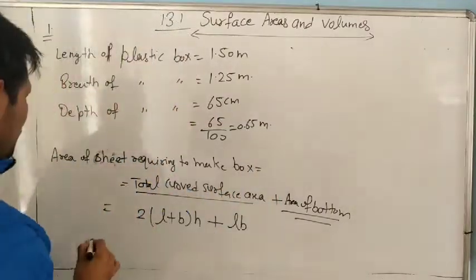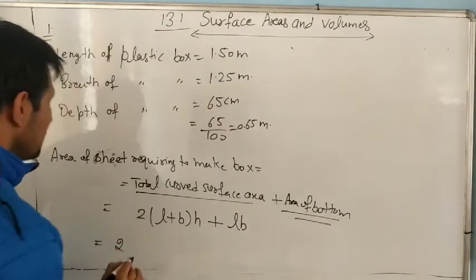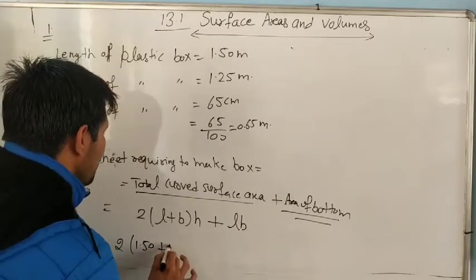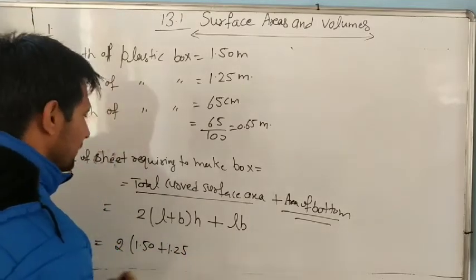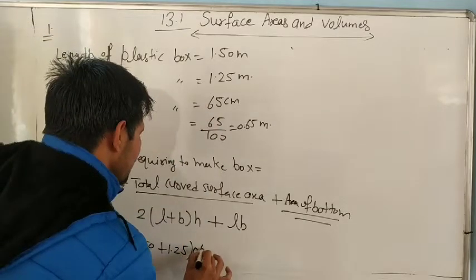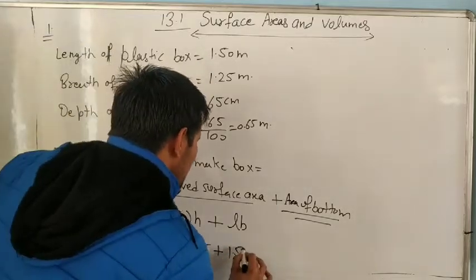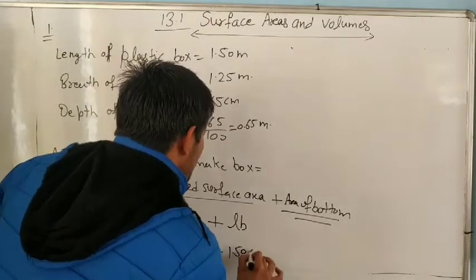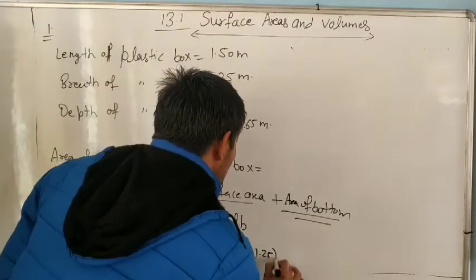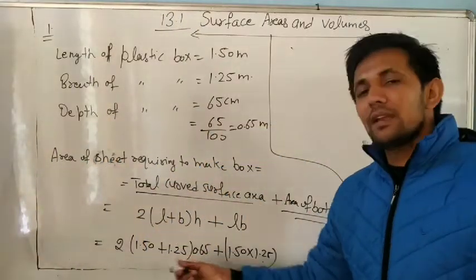Now you can find easily: 2 into (L plus B), 1.50 plus 1.25, into height 0.65, plus 1.50 multiplied by 1.25. Now solve this one and it is very easy.